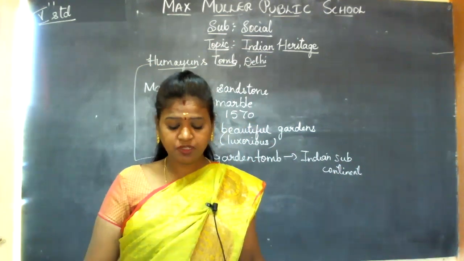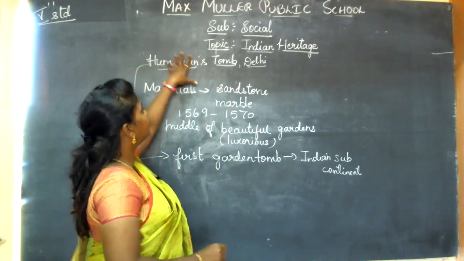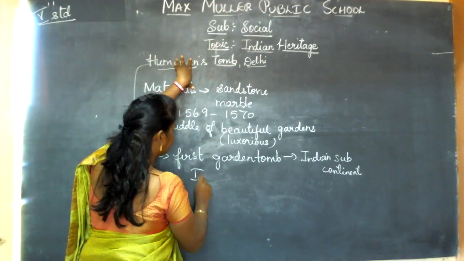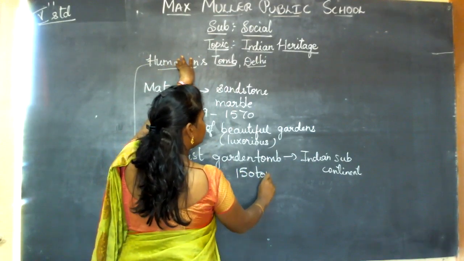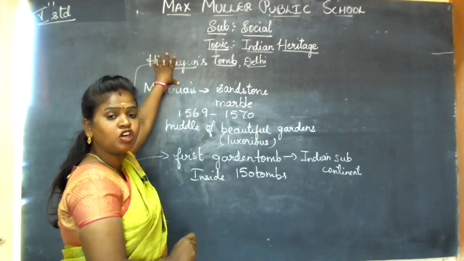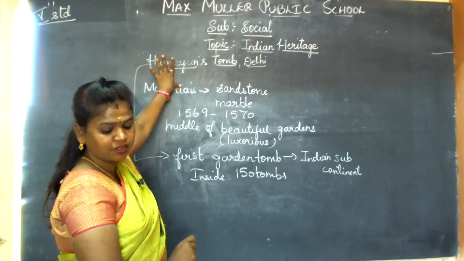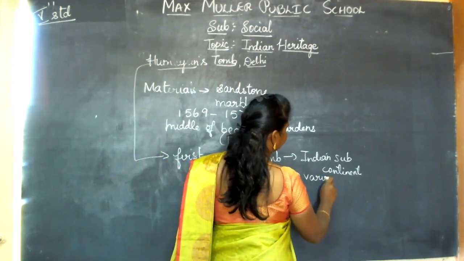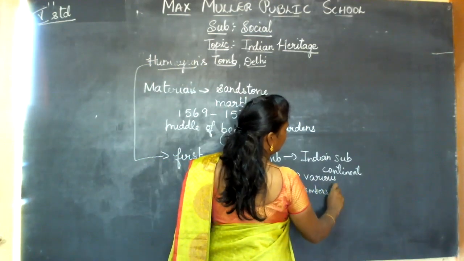And apart from this tomb, you can see some of the 150 tombs. So inside this Humayun's tomb, how many tombs can you see, children? We can see 150 tombs inside the Humayun's tomb, which were built by some of the famous emperors, or the various members of the royal family.